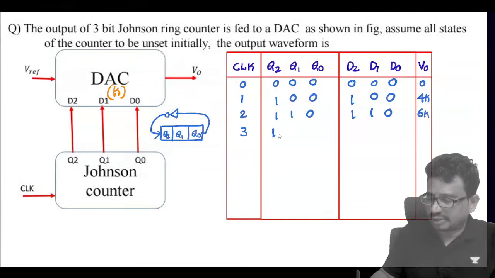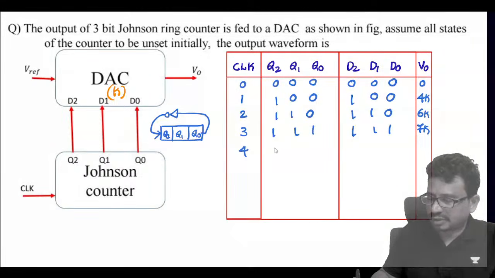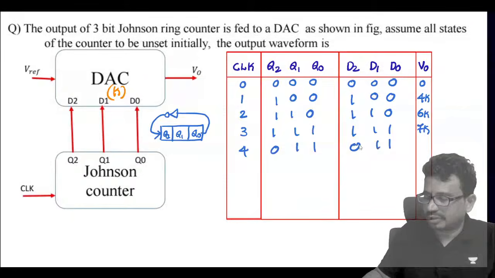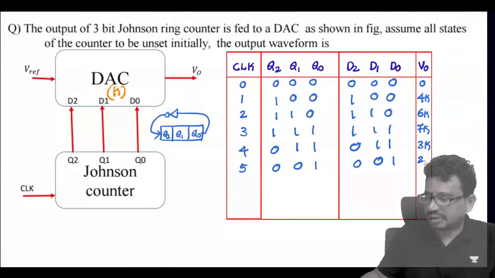Next, third clock, 1 1 1, so this is 7k. And fourth clock, 0 1 1, so 0 1 1 will come as 3k. And fifth clock will come 0 0 1, so this is k.